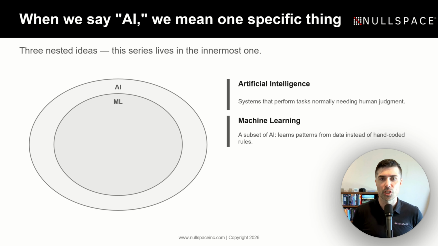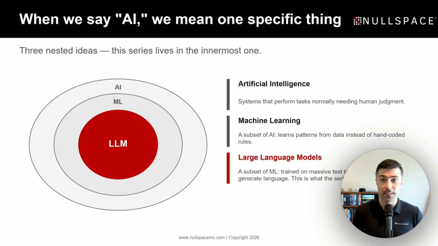Inside of that is machine learning, where systems can learn patterns from data. And inside of that is the topic that this series spends a lot of time talking about, large language models. These are neural networks that are trained on massive amounts of text so that they can then understand instructions and generate language. This text could be English, Spanish, Python, C++, or some combination of all of the above.